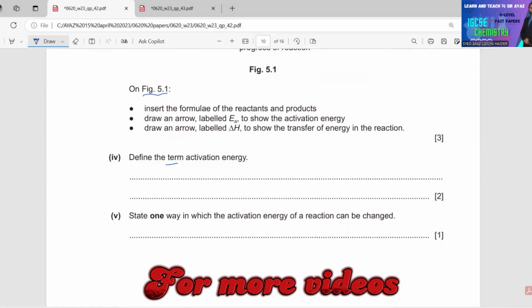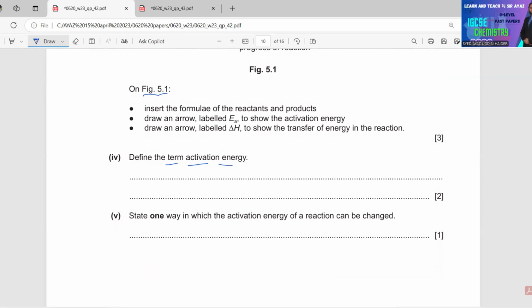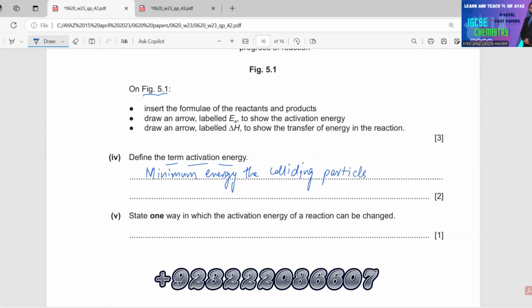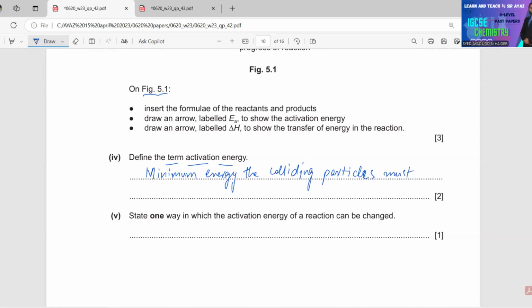Number 4, define the term activation energy. It's the minimum energy the colliding particles must have to react.